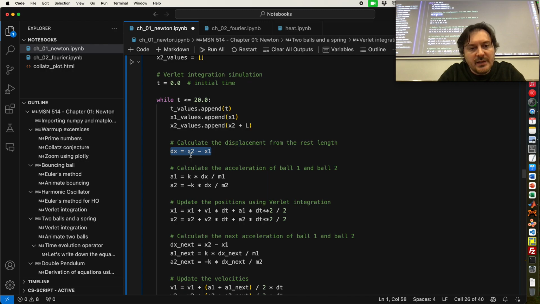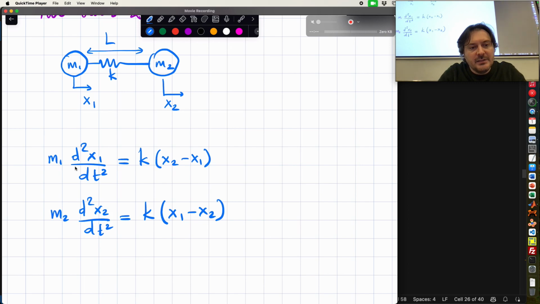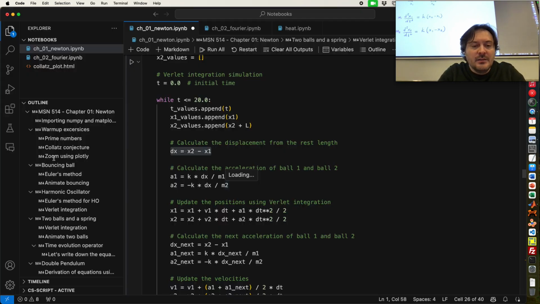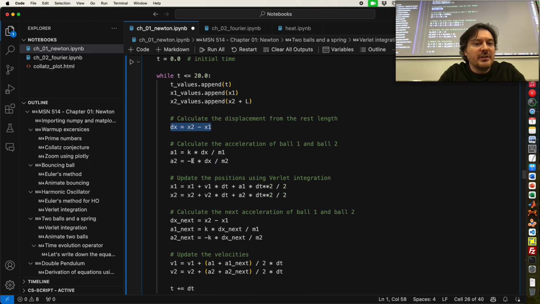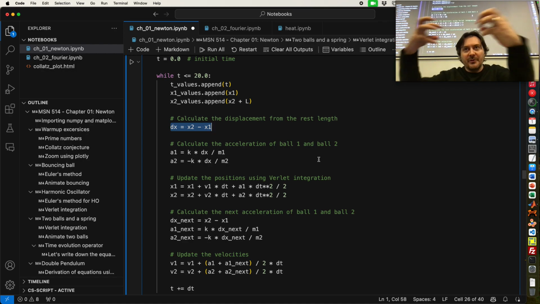So a1 is k times x2 minus x1 divided by m1. Does it make sense? Yes? And the other one is the negative of that. This is actually Newton's third law, right? Action equals reaction. But it's acting on the opposite objects.